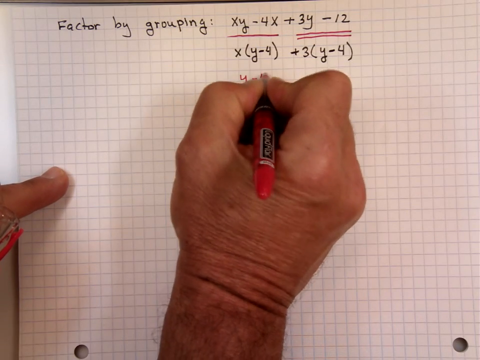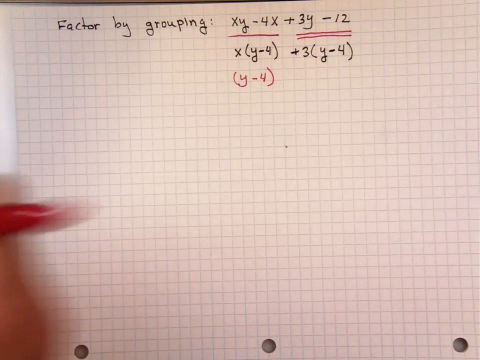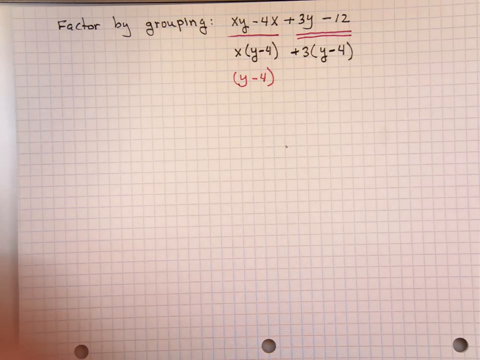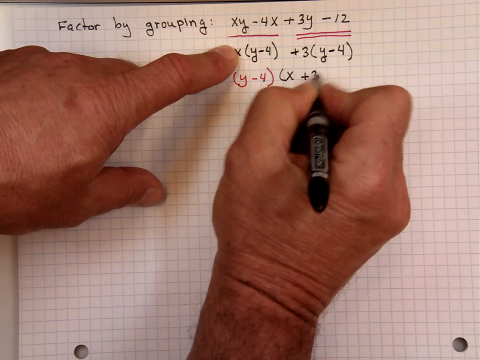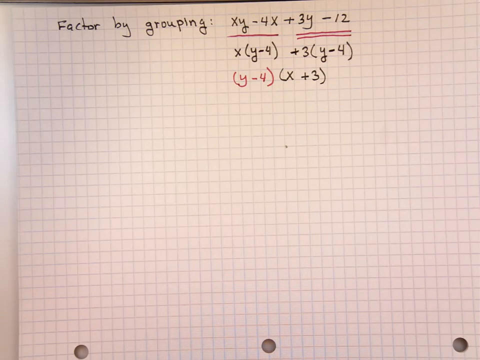When I take the y minus 4 out, what's left there? I have an x left, I got a 3 left. And that's factoring by grouping. Let me try another one.